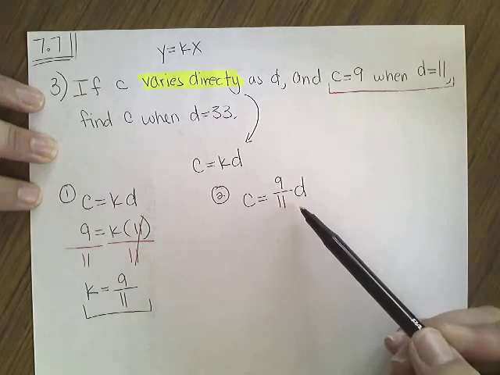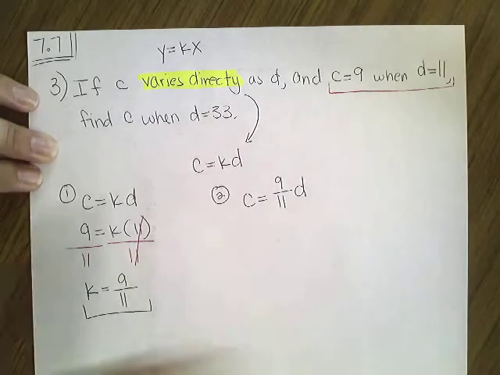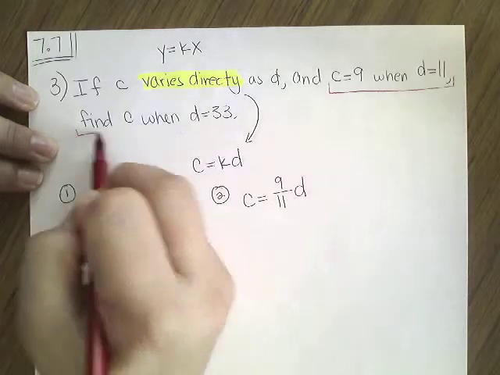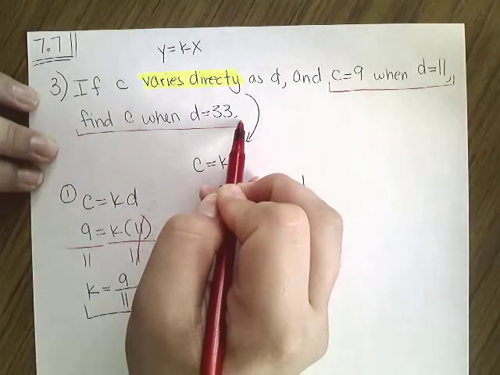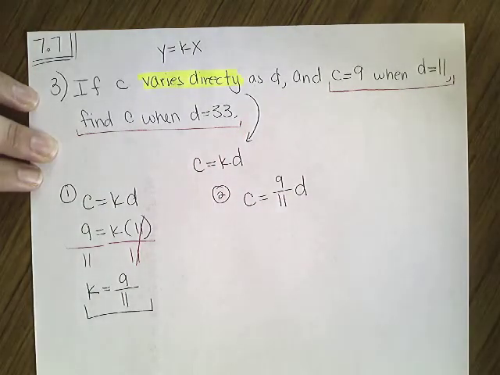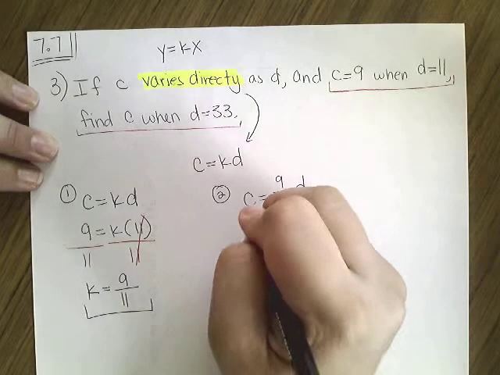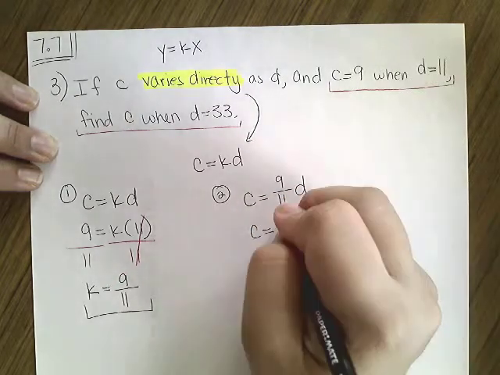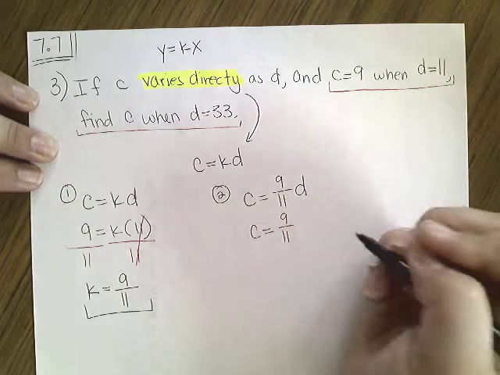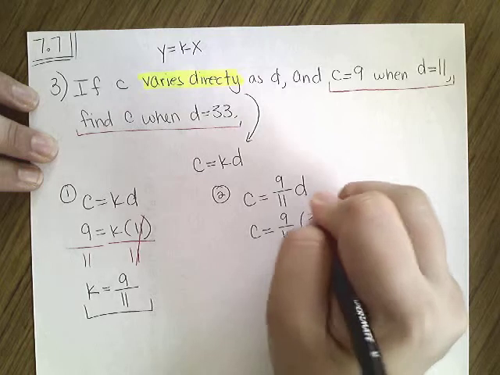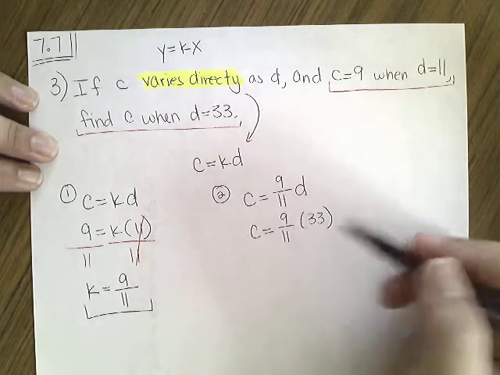Once we find our equation, we can go ahead and solve. Here it says find c when d equals 33. So we're looking for c equals, and we know that d is 33, so we multiply and substitute 33 in, which means we're multiplying.